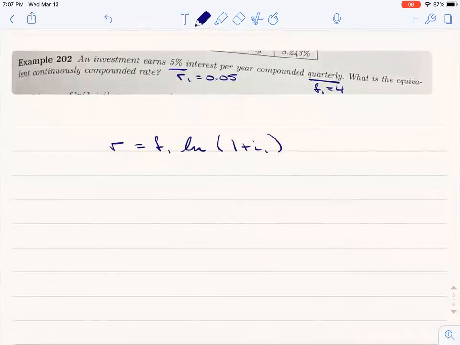Oh, I forgot to calculate I1. I'll just do it over here on the side. I1 is R1 over F1, which is 0.05 over 4, 0.0125.